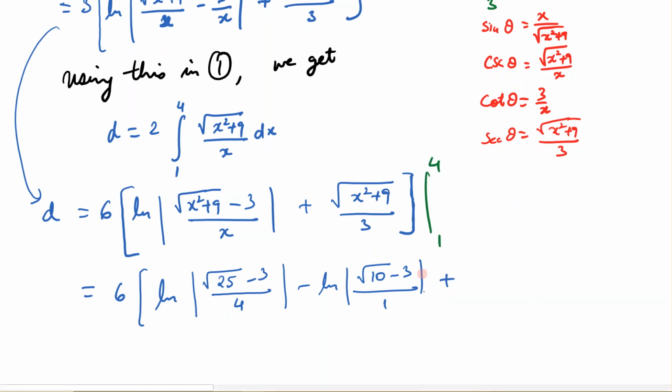Similarly, for the second term, we get square root of 16 plus 9, so square root of 25 over 3, minus square root of 10 over 3.